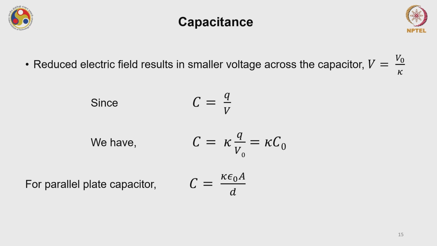V will be equal to V naught by K. Sometimes this relation, V equal to V naught by K, is also reflected in terms of capacitance.